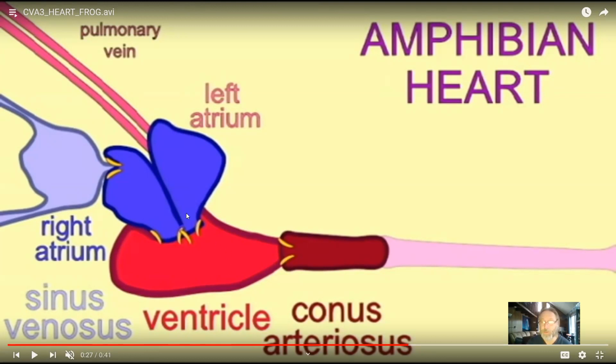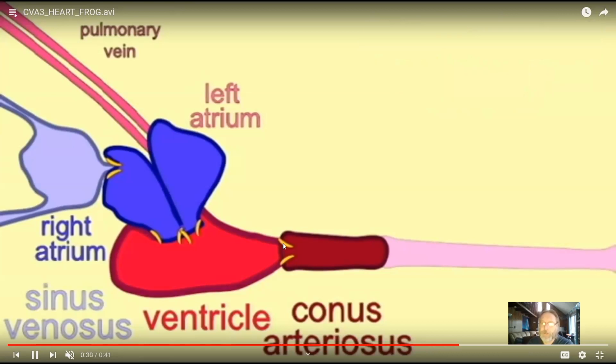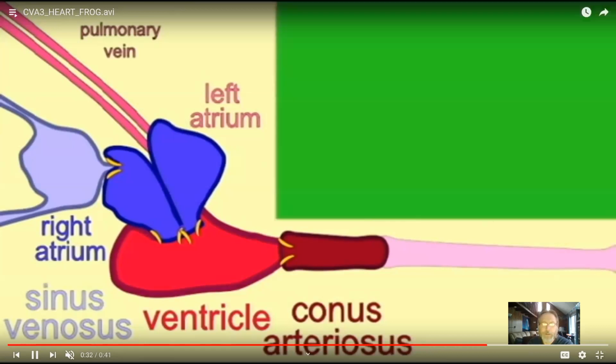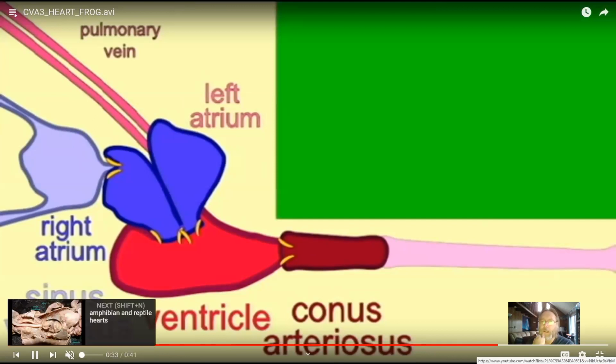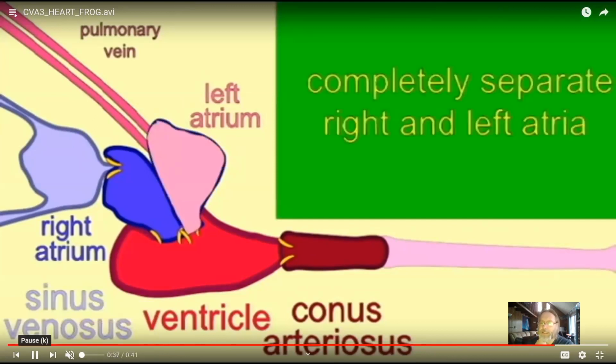Even if it's entering into one chamber, you can channel it so most of this blood is going over here or most of that blood is going over there. But this is obviously not as efficient as it would be if there were two separate ventricles, which completely isolated the two halves of the heart. And so the completely separate right and left atria, that is the major advance of the amphibian hearts.